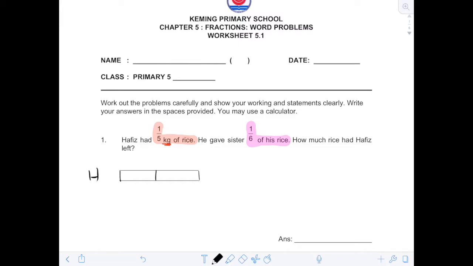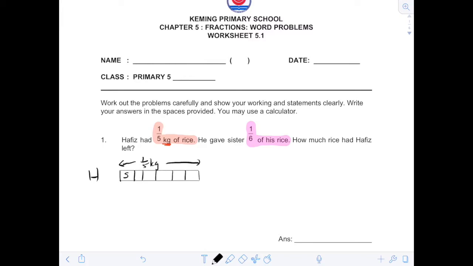Divide it into 6 parts. The top part here, 1/5 kg, belongs to the entire quantity that Hafiz has. Now the next part, he gave his sister 1/6 of his rice. So this 1/6 is actually just one small part. So I'll put here S, 1/6.